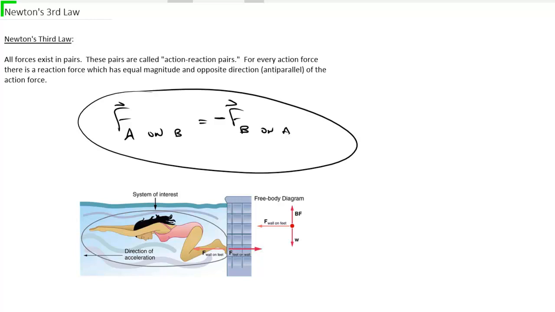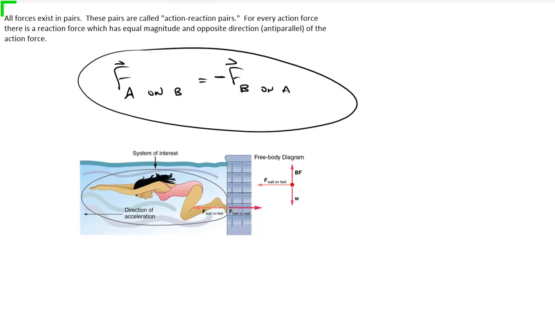This is the way that all forces exist. So take for instance a picture of the swimmer here. The force of the wall on the feet and the force of the feet on the wall is an action-reaction pair. We see that we have these two forces.